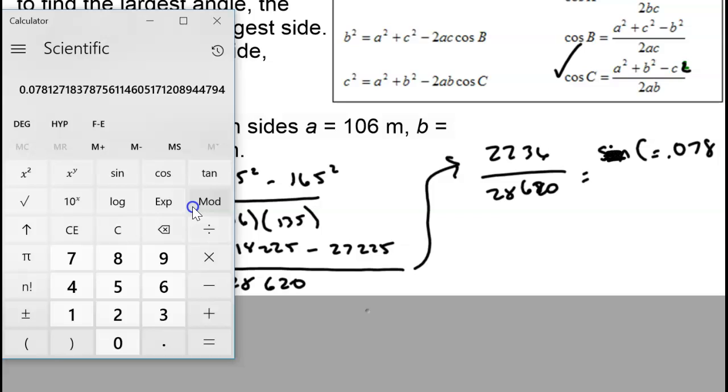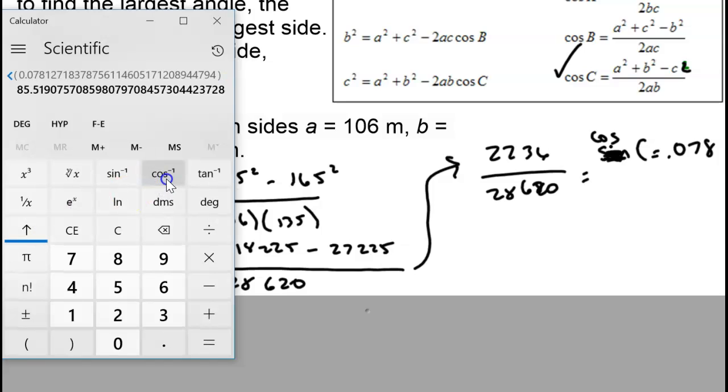Make sure you get that right too, cosine C. Now we go with our inverse cosine to find the angle, and that says that the angle C is 85.52.